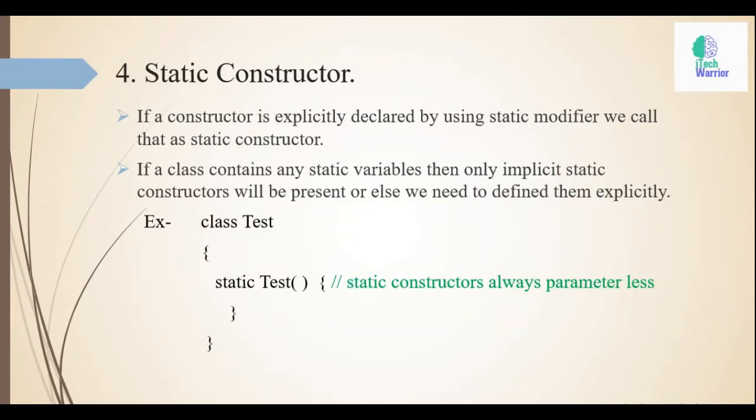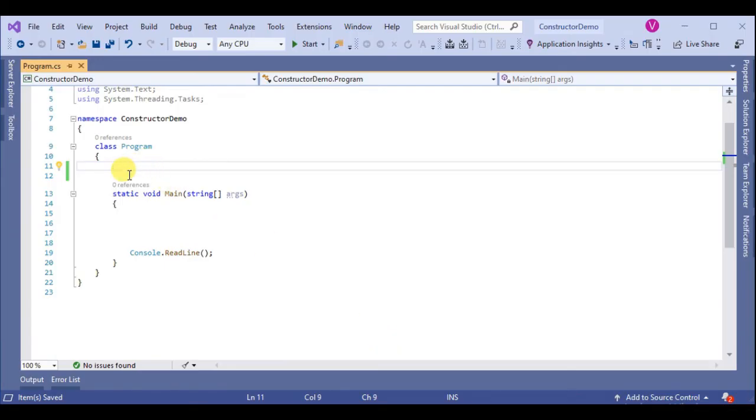Next is the static constructor. If a constructor is explicitly declared by using a static modifier, we call that a static constructor. If a class contains any static variables, then only an implicit static constructor will be present, or else we need to define it explicitly. So here is a small example. This is the static constructor. A static constructor is always parameterless. So let's understand with the example in Visual Studio. So let's create a static constructor.